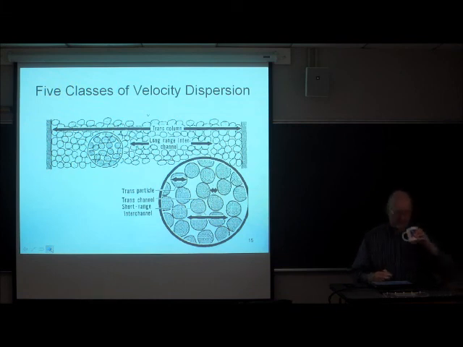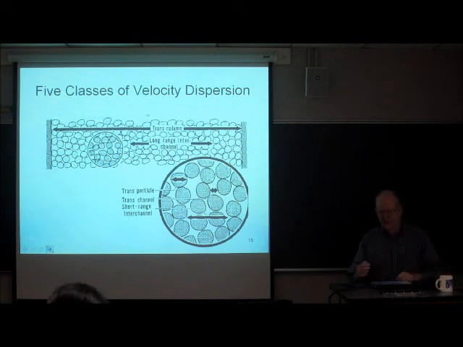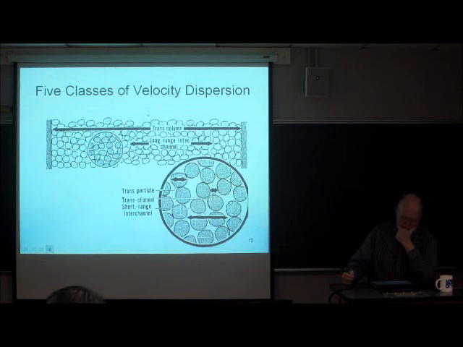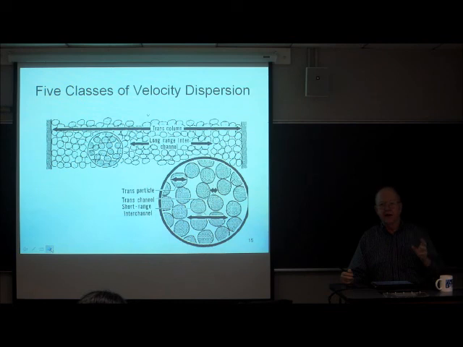Now Giddings, when he thought about this eddy dispersion process, he said, you know, it really is a lot more complicated than what Van Deemter thought, in that there's lots of different sources of inequality in axial velocities.